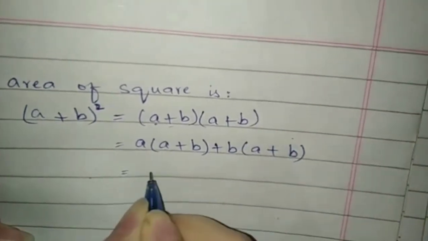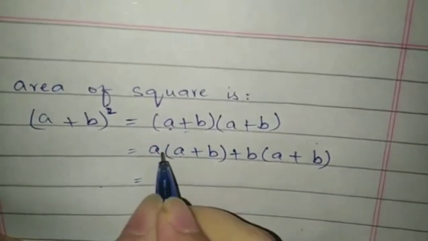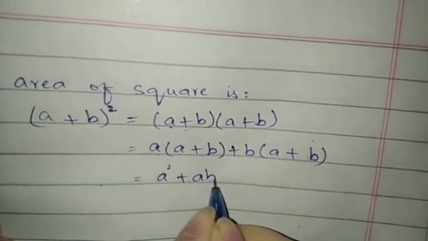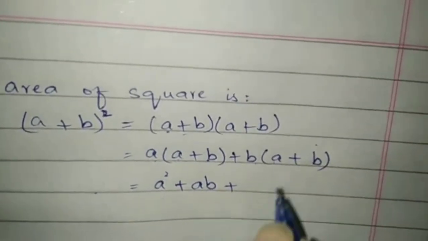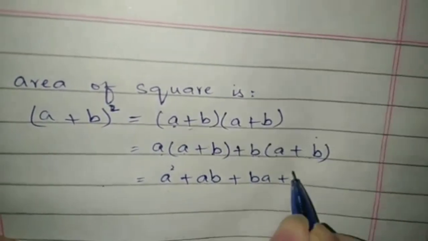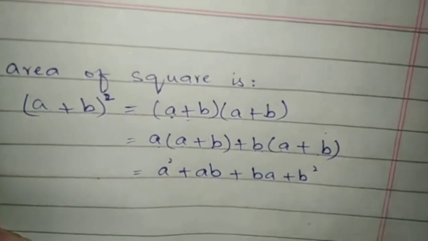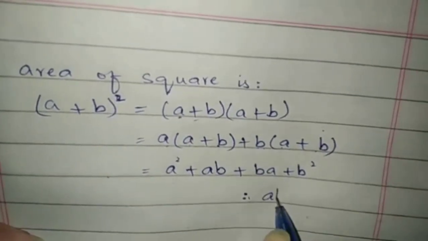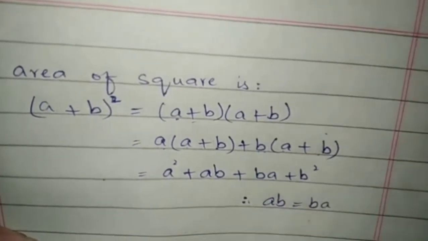A multiplied by a is a square, as we learned in the previous chapter, plus a multiplied by b is equal to ab, plus b multiplied by a is equal to ba, plus b multiplied by b is equal to b square. According to the commutative law of multiplication, we know that ab is equal to ba.